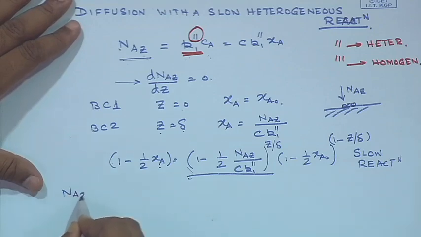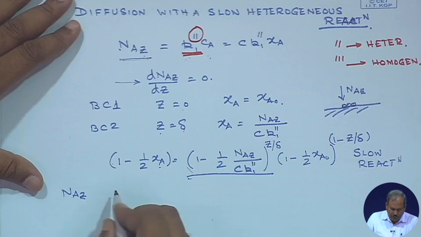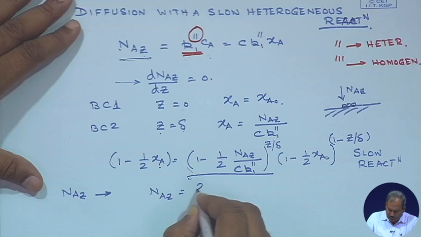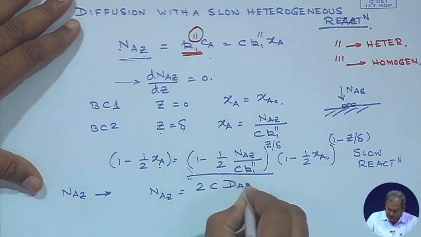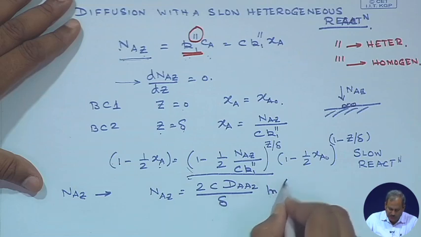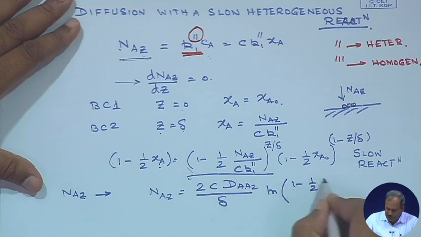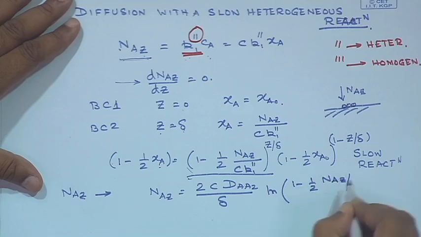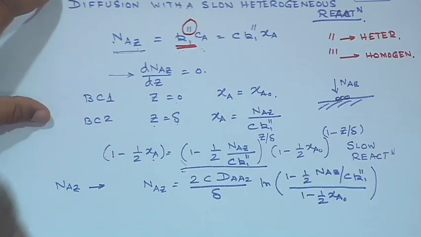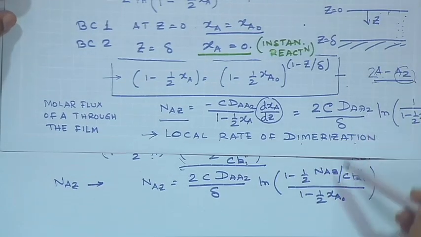So, you can evaluate NaZ as we have done before, and the expression for NaZ would simply be equal to twice C, the diffusion coefficient of A2 divided by delta, ln of 1 minus half NaZ by C K1 double prime divided by 1 minus half x A 0. So, you can again see the difference between these two.